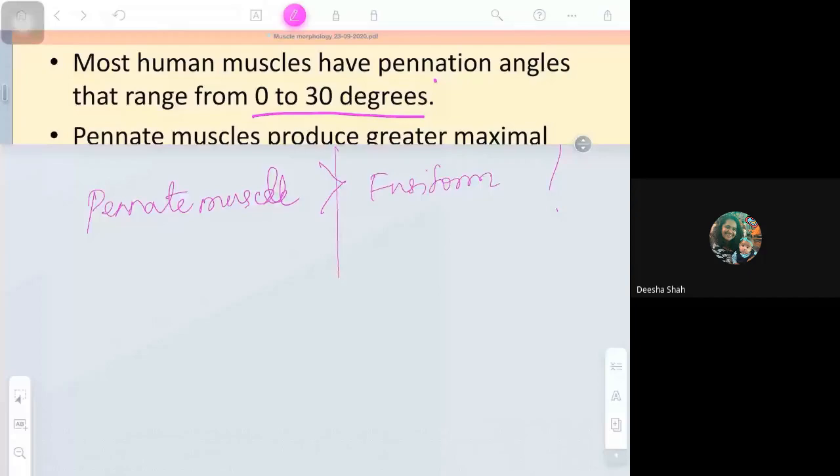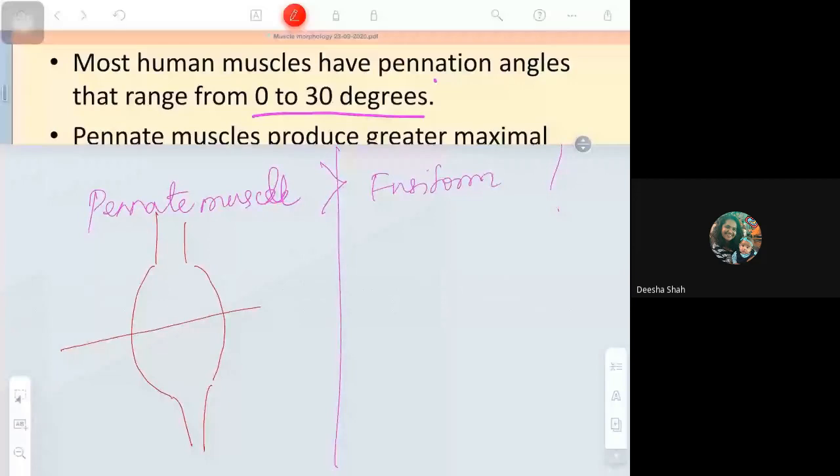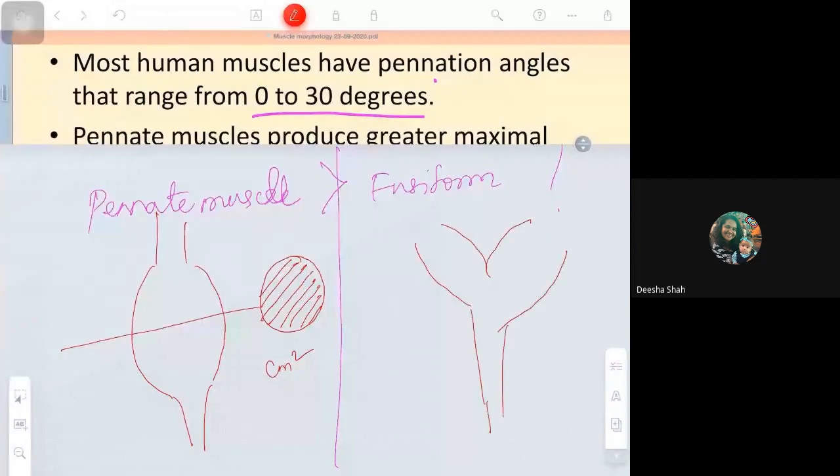you take the biceps muscle. Here, when you make the cross section of this muscle, you will get the cross sectional area, for example, this much area in centimeter square. And if you take the fusiform muscle, imagine this is the tendon and this is a bipennate muscle.